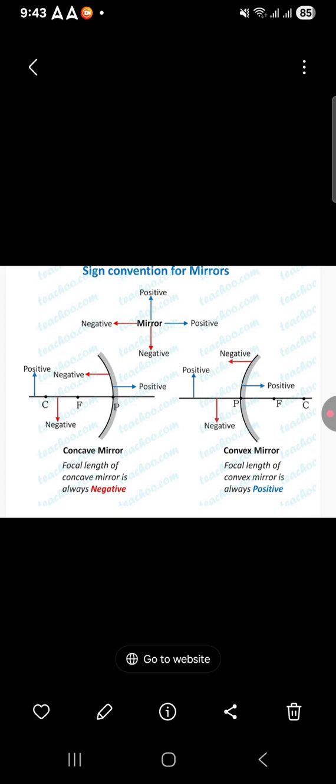In both cases, if image is erect, then H dash, which is indicated by height of image, is taken as positive. If image is inverted, in that case image height is taken as negative, right?